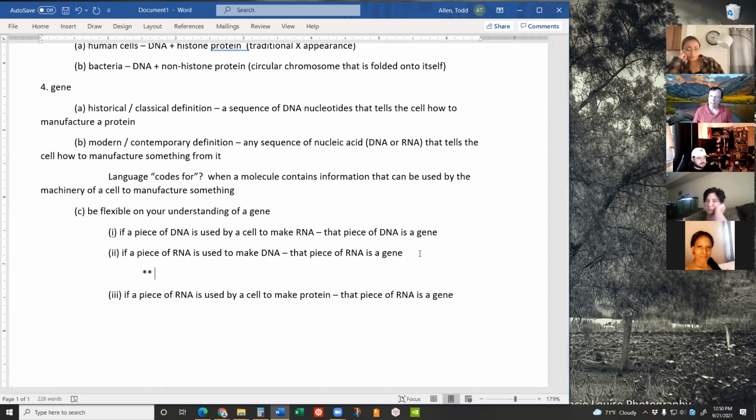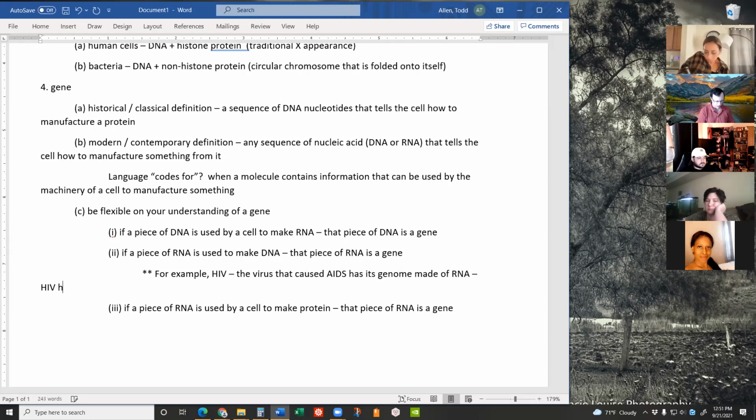Now, we think about DNA in our cells. DNA is the genetic repository, but in many viruses, RNA is the genetic repository. So, for example, HIV, the virus that causes AIDS, has its genome made of RNA.